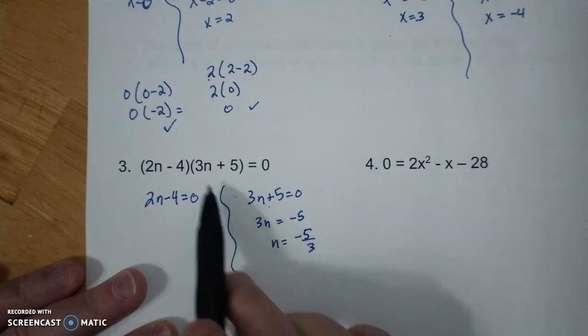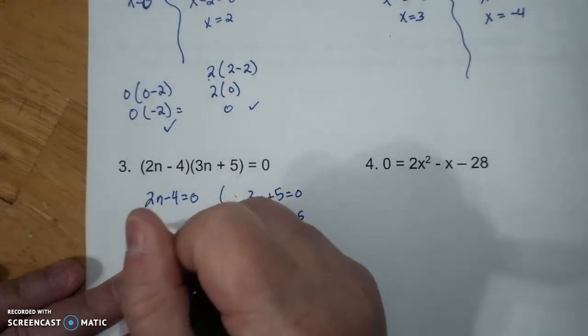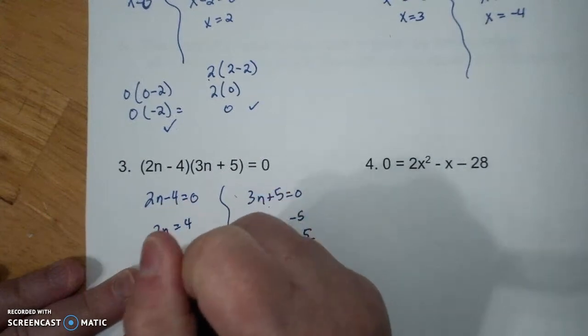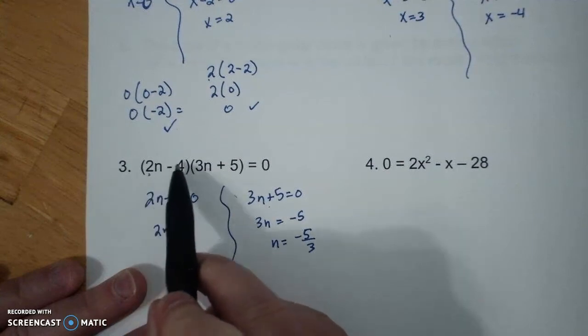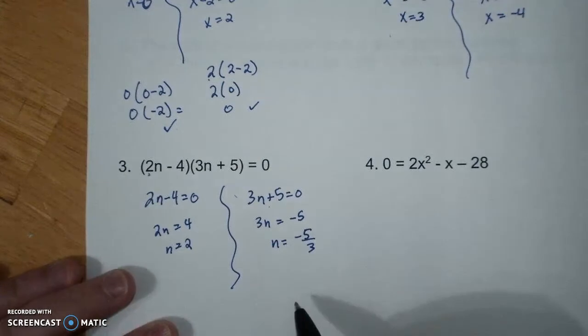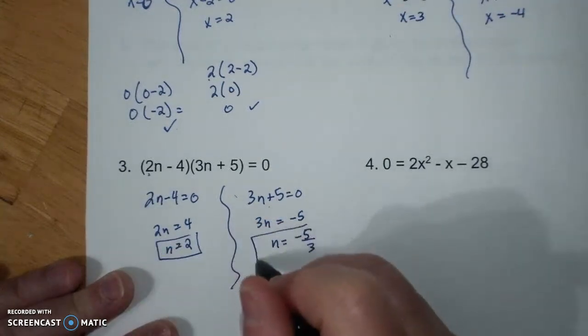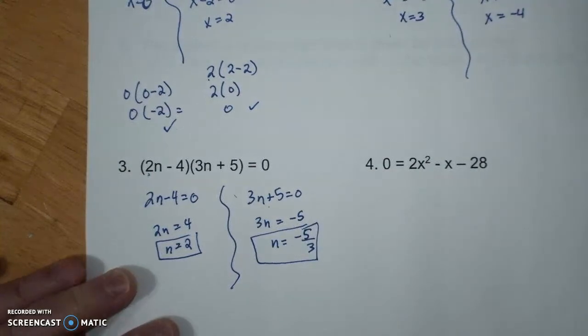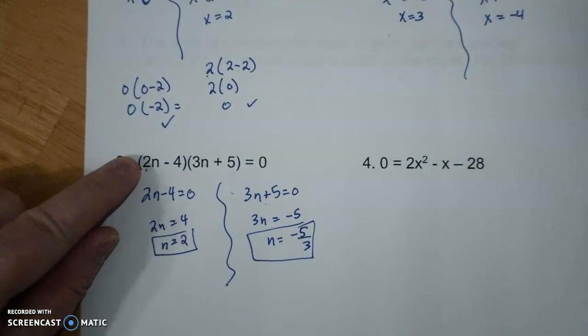That would be negative 5 plus 5, which would be 0, and it would check out. 2n equals 4, n equals 2. 2 times 2 is 4, 4 minus 4 is 0, and that would make that whole thing a 0. 0 times anything is 0. So your answers are n equals 2 or n equals negative 5/3. They are solutions to n.